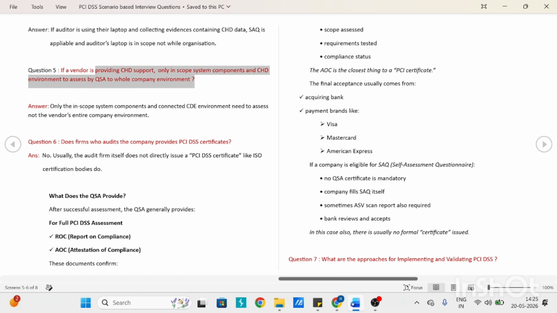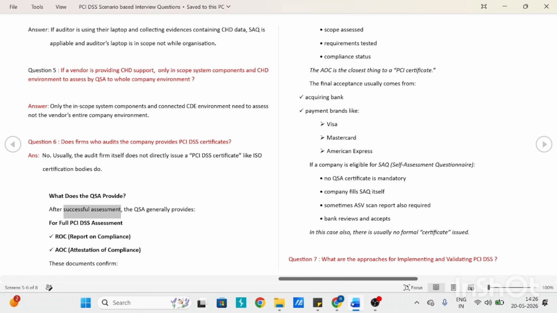This question is very important. Here's question number 6. Do firms who audit the company provide PCI DSS certificates? The answer is no. Usually the audit firms themselves do not directly issue a PCI DSS certificate like ISO does. But in this case, guys, what does the QSA provide?